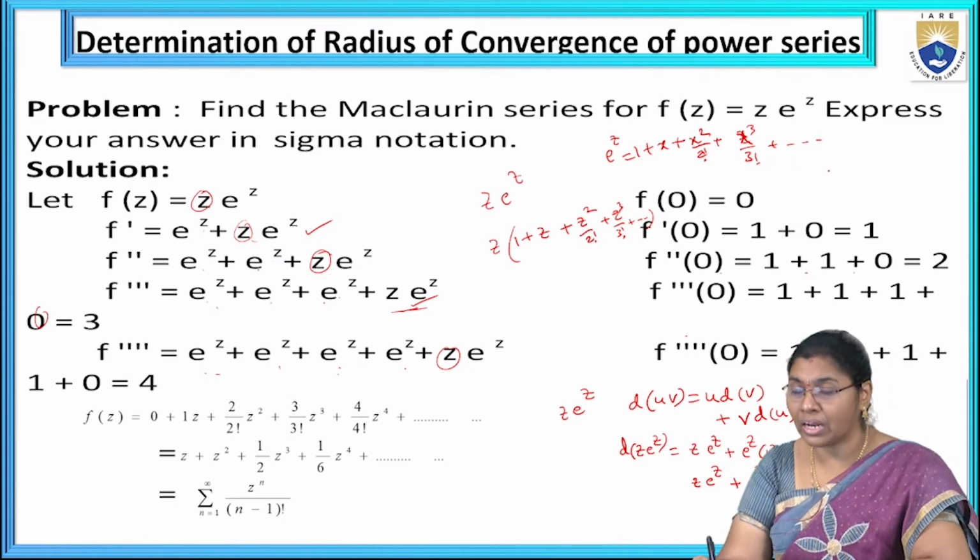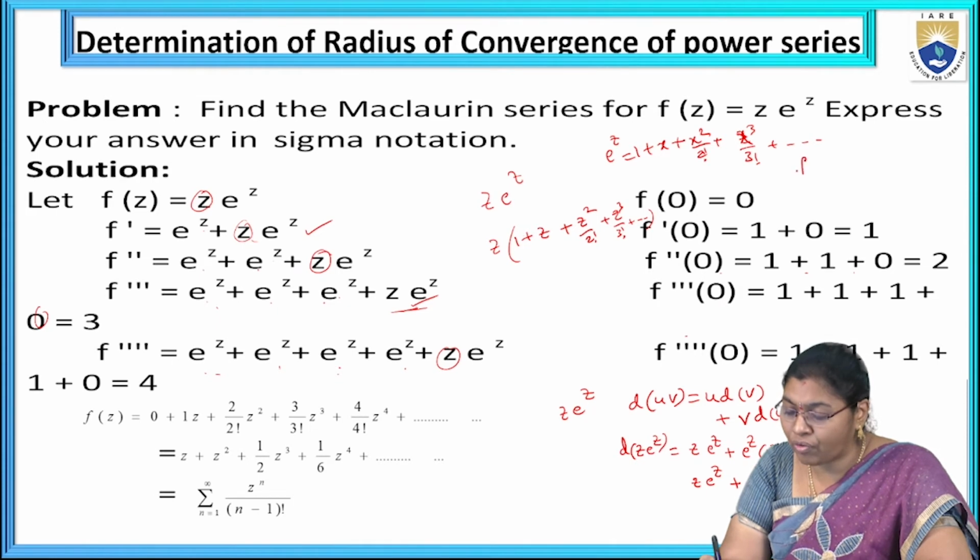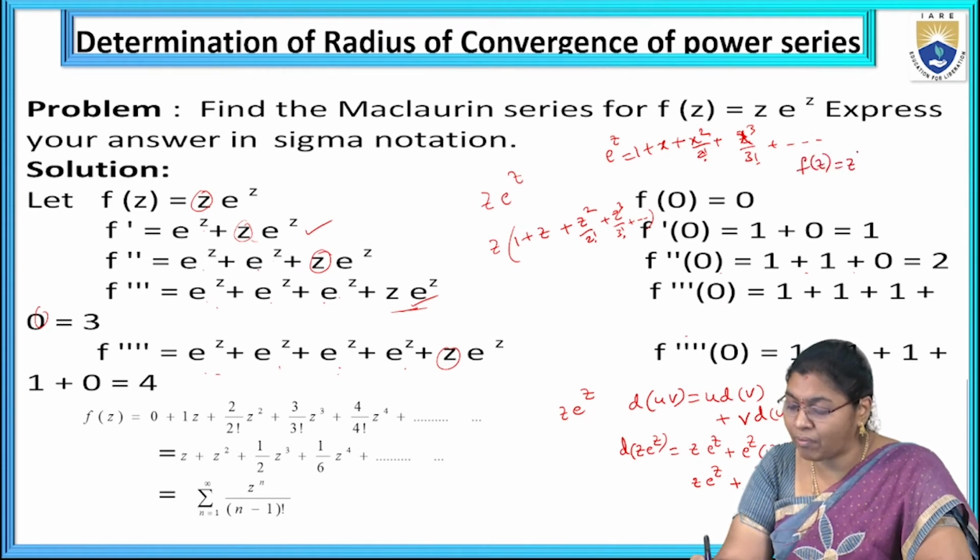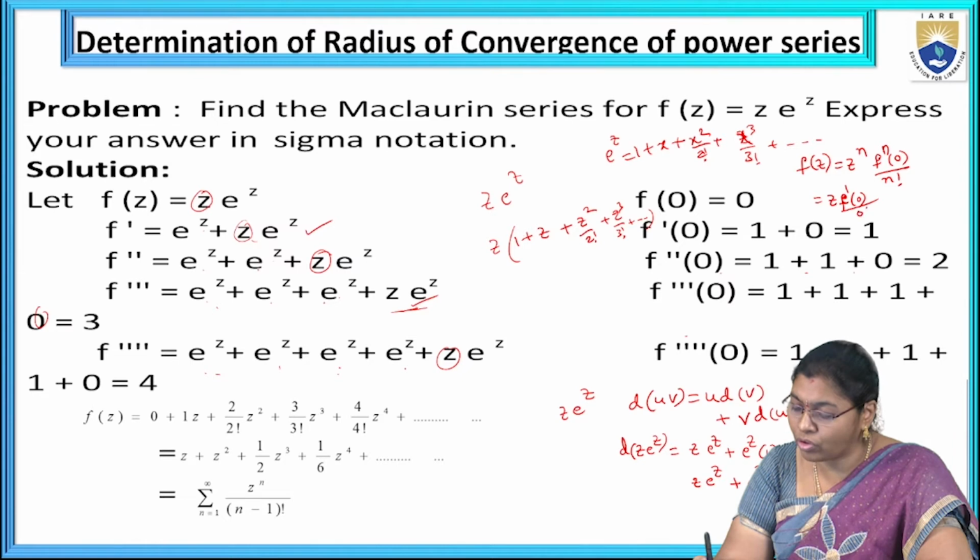That is the expansion: f of z equal to the sum of z power n into f power n of 0 by n factorial. Now the first term, n equal to 1, means z into f dash of 0 by 1 factorial.